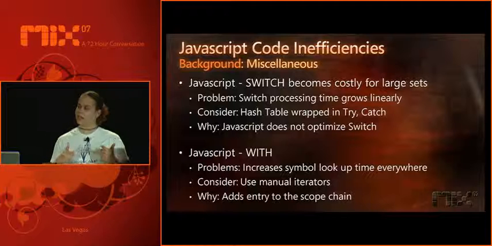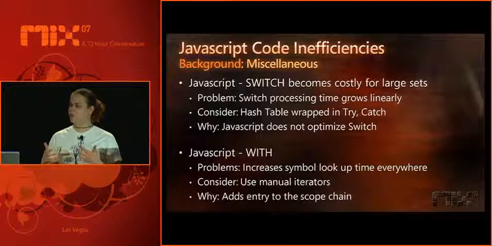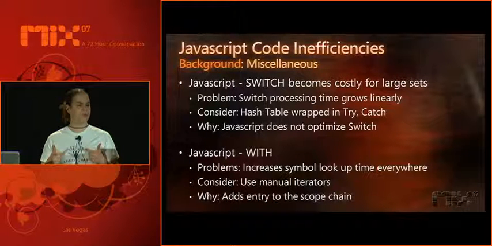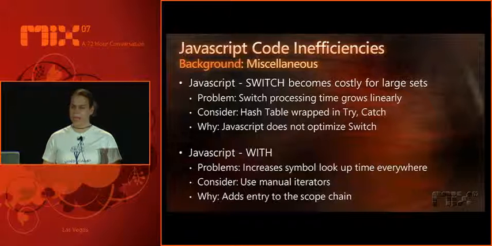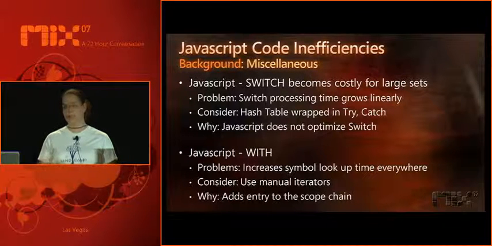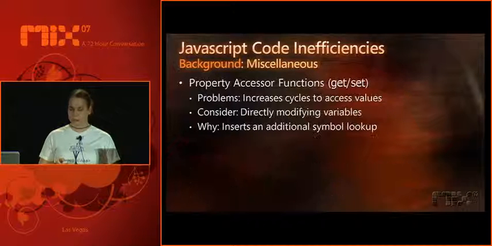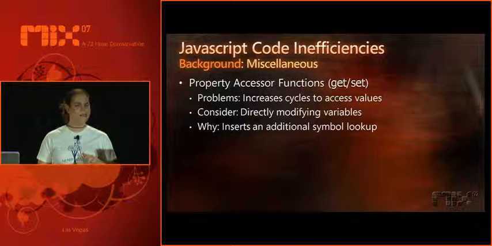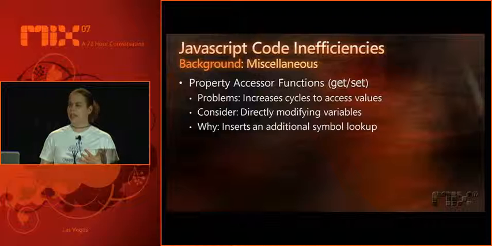And for a lot of these techniques, you'll see that you're going to be doing a trade-off between elegance and performance. And a lot of them really are about hand tuning or doing your own optimizations for JavaScript, since it is an interpreted language. The other one that I've seen some folks use, again, is accessor functions like get and set.